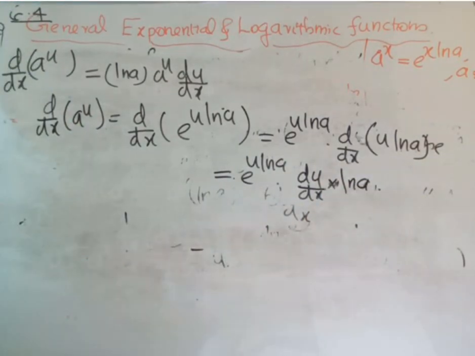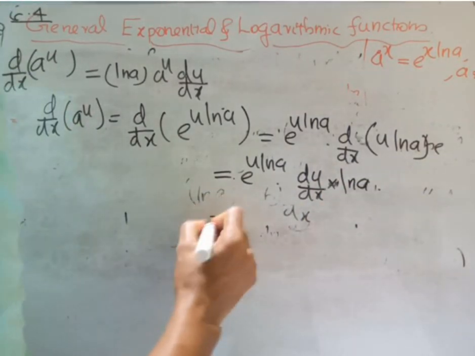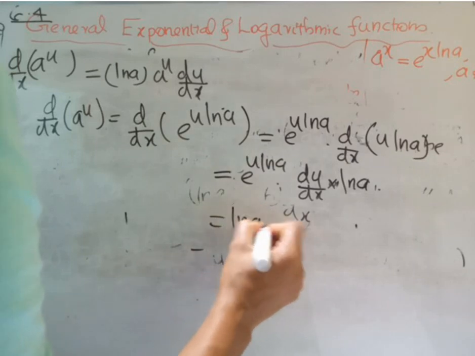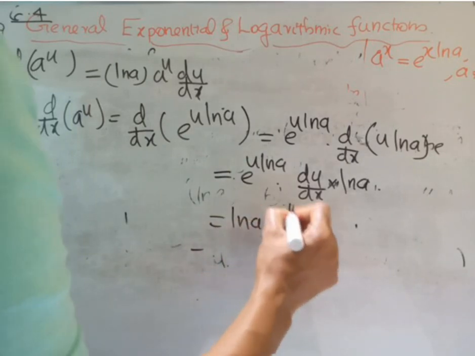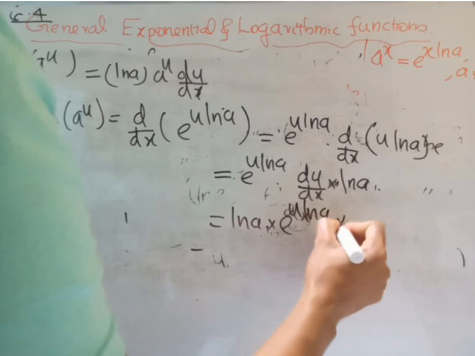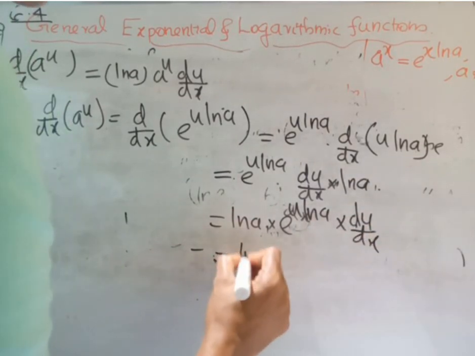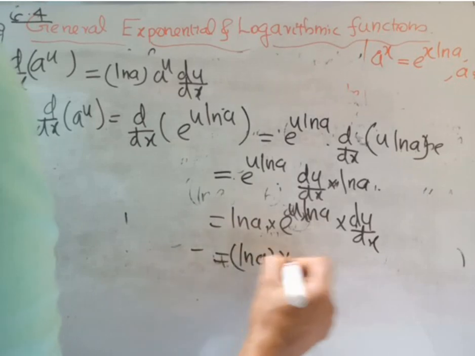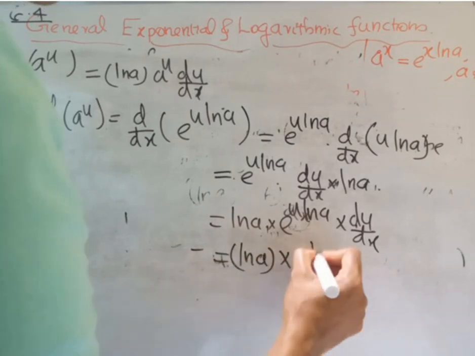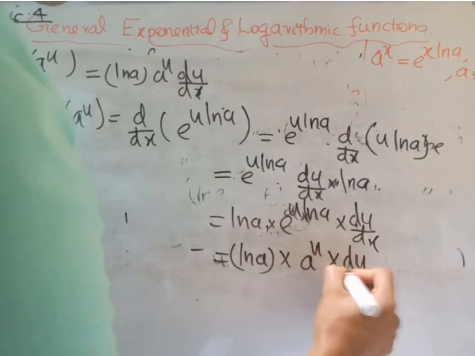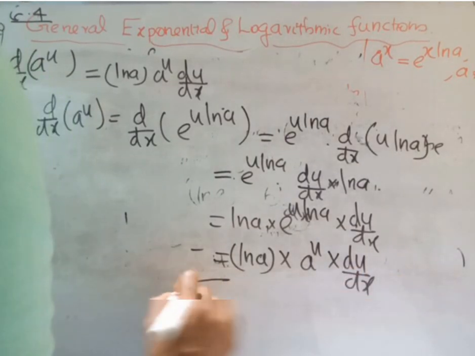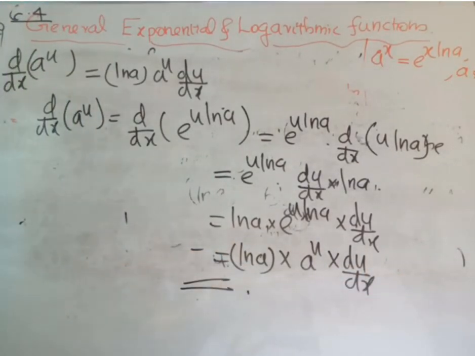Log a is constant, so this is equal to log a times e raised to u log a times du by dx, which is the same as log a times a raised to u times du by dx. This is the proof of the second theorem.